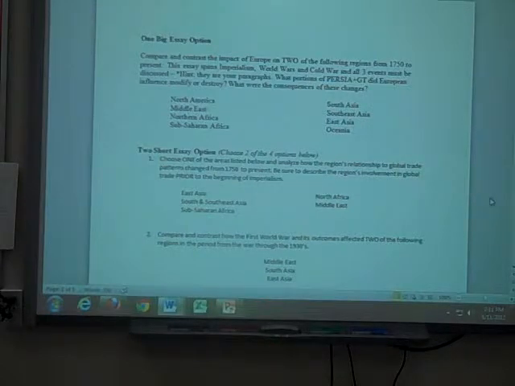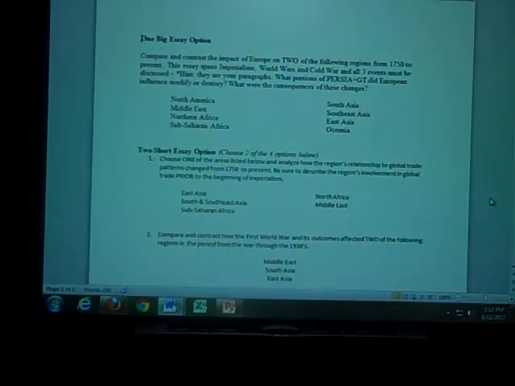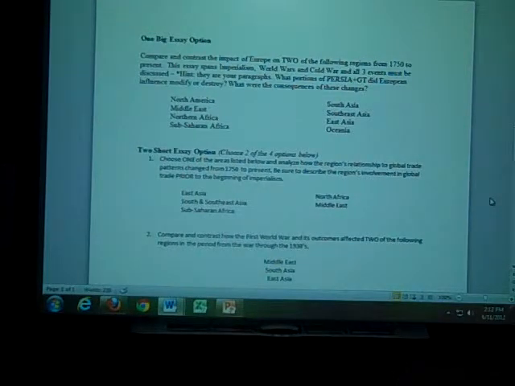All right, so I figured I'd start with the essays first. You have the choice of one big essay in which you're going to basically span imperialism, the world wars, and a little bit of the Cold War that we talked about by taking a look at two of the following regions.